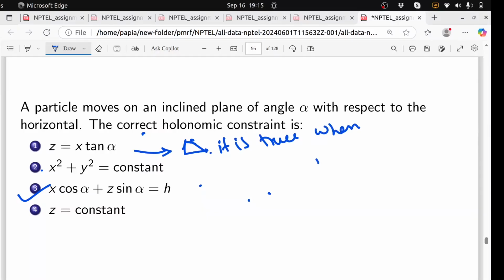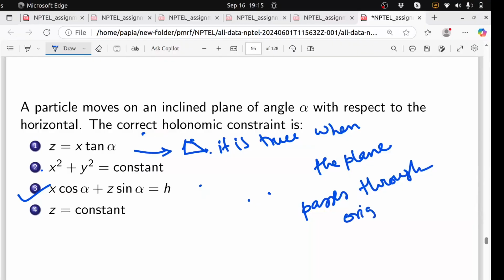Okay, this is not correct because this is a circle with the constraint one.